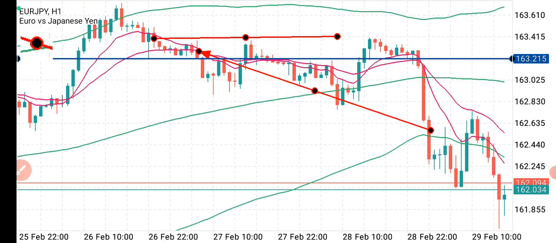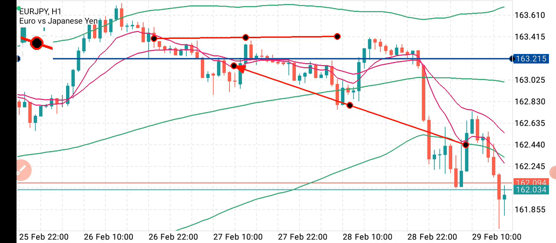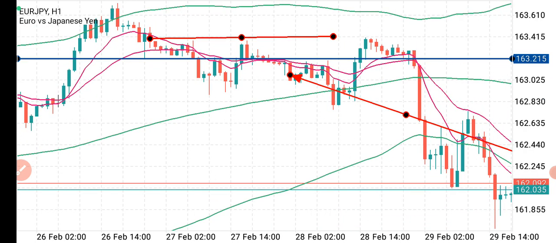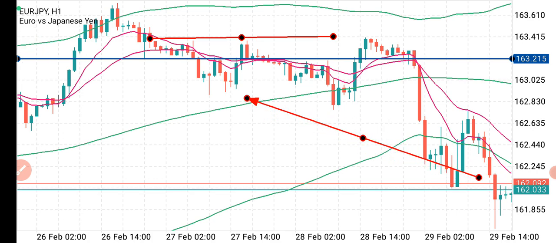Okay, you see how price plays out from this particular candle here, that is the pin bar we're referring to, all the way to this point. Okay, so that is how to go about it.